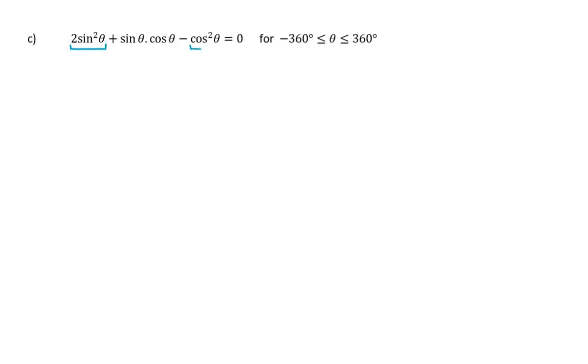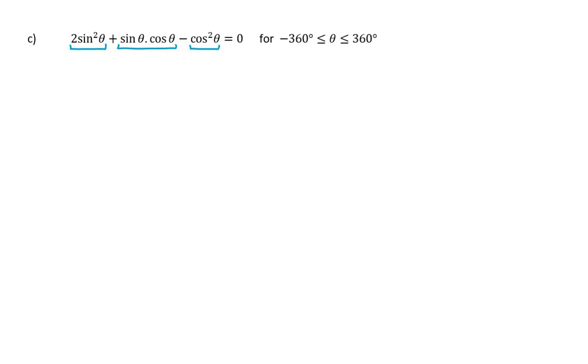And the same thing if I change the cos squared to 1 minus sine squared, then I'm going to have sine squared, I'm going to have a sine theta cos theta term, and I'm going to have a constant, and that's not going to be a trinomial. So this is one of those rare examples where you can't really get rid of the mixture. Whatever you try, the mixture exists in the middle term.